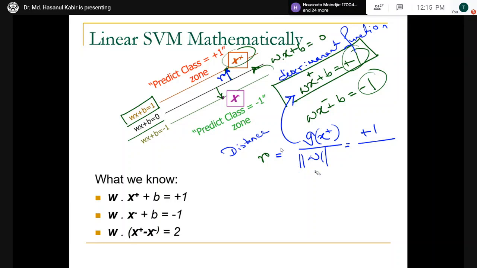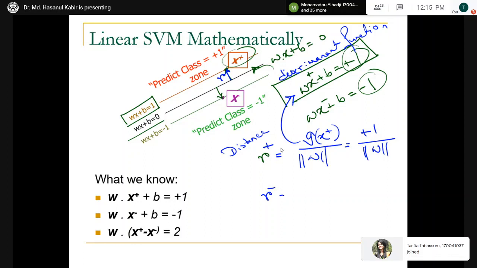Yes. That means for the positive sample, the distance is +1 divided by the magnitude of w. This is r plus, the distance for the positive sample. What is the distance for the negative sample? -1 by magnitude of w, right?